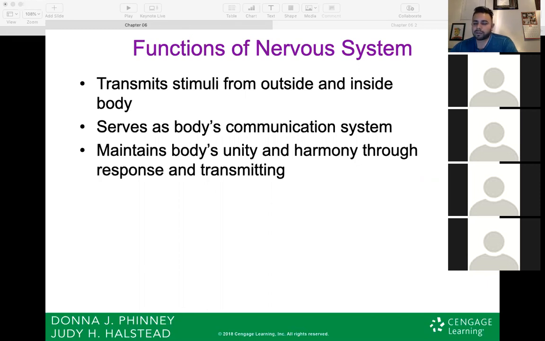Think of it like telephone wires or electrical wires. Not only does it communicate, but it sends power through to tell our nerves or muscles to move back and forth. It also creates sensation, which is how we can sense stimuli.